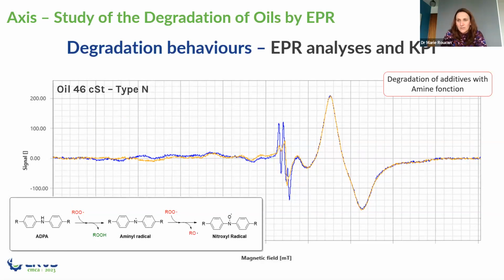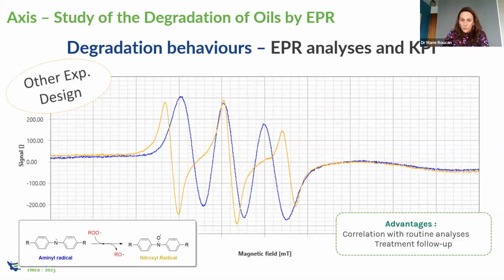In aminic antioxidants, you have two steps of degradation. The first step gives aminyl radical, and the second step gives nitroxy radicals. And you can actually monitor both in EPR. So here in blue, we used an in-service oil, and you can see that we monitored the amine radical. Then we warmed up this in-service oil, and we ended up with kind of similar but slightly different results.